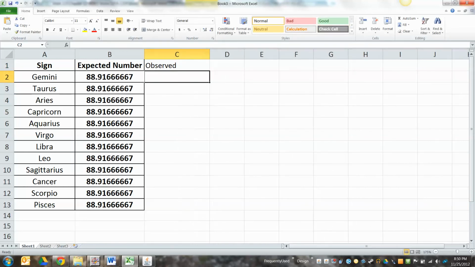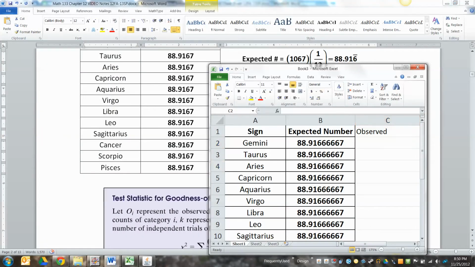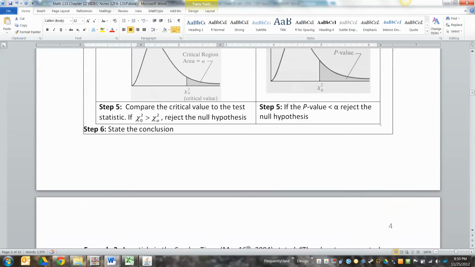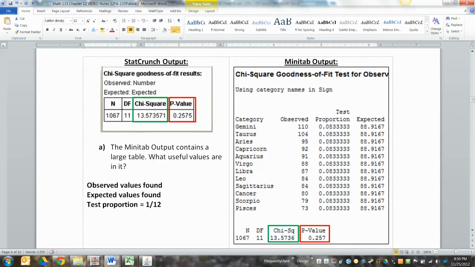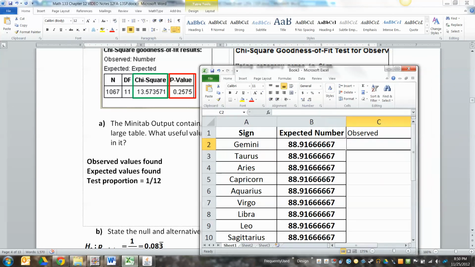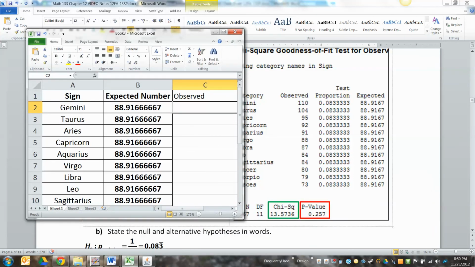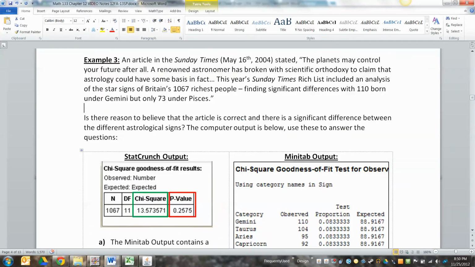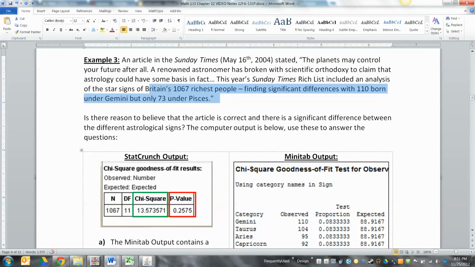Now I know it doesn't seem like I gave it to you, but I actually did. It's in the Minitab output. Minitab gives it right here. So they found these numbers of actual, this was the 1,067 richest people in Britain.